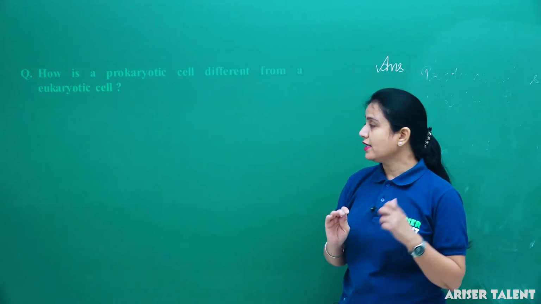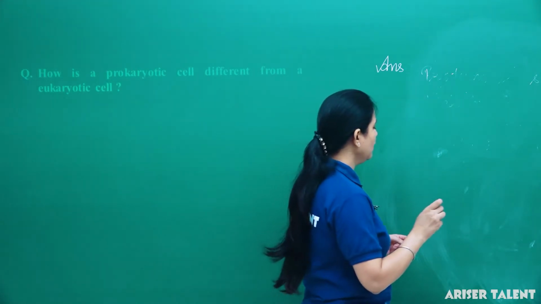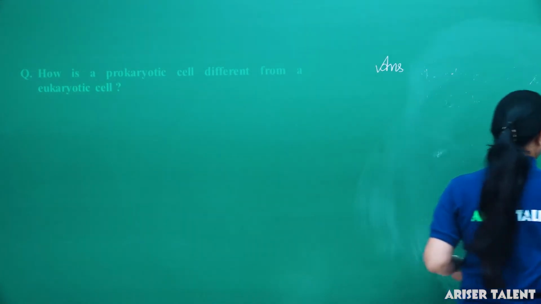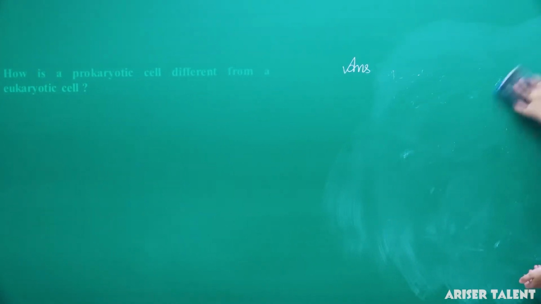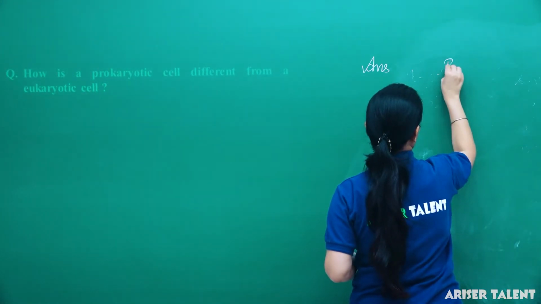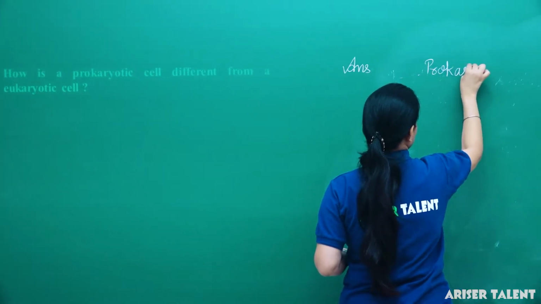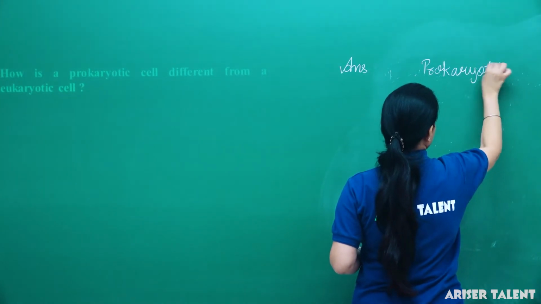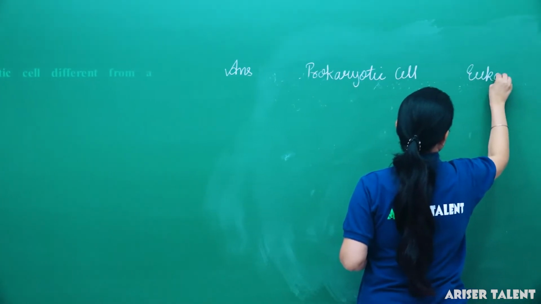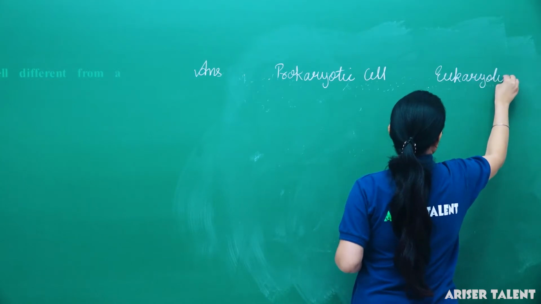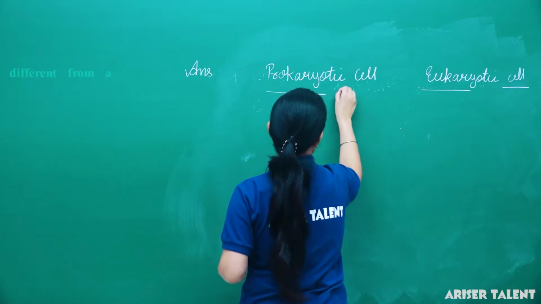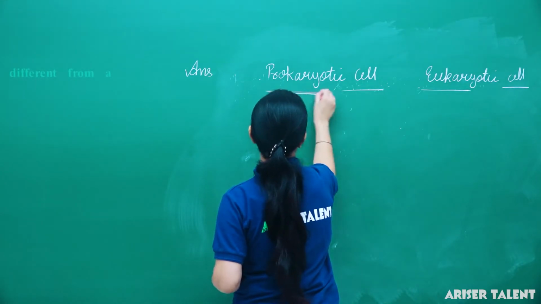So we can say that there are many differences between prokaryotic cells and eukaryotic cells.